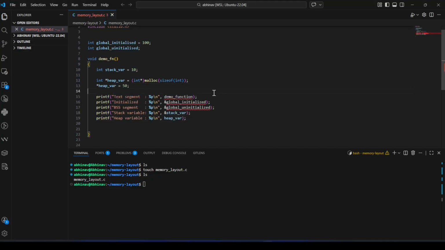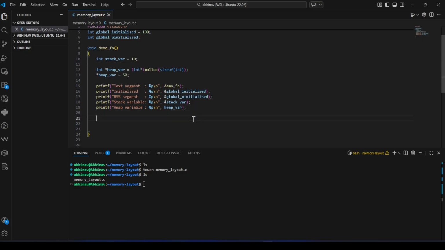Okay, so we have these print statements. I'll rename those variable names. Then let's free the heap memory. As you know, the programmer has to free the heap allocated memory, because it is dynamically allocated.